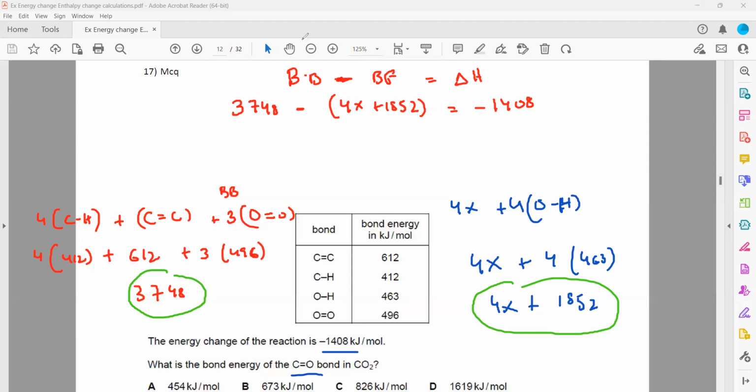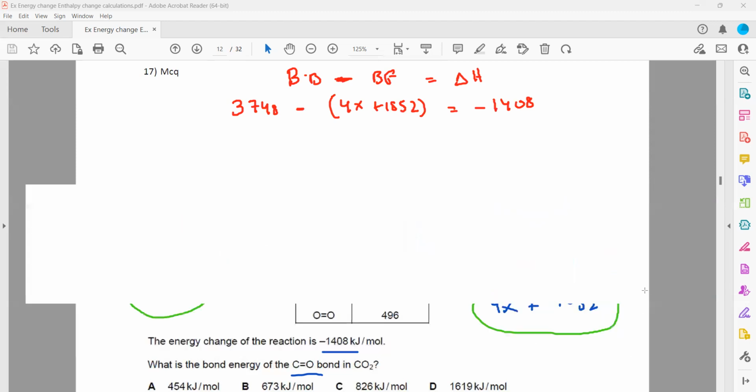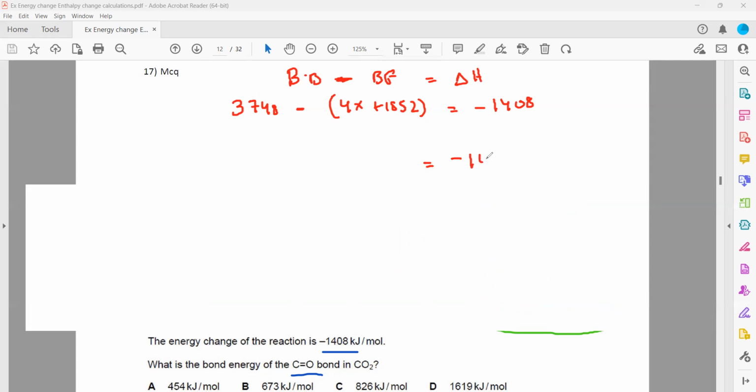Now we just have to solve it as a mathematical equation. This positive 3748 moves to the other side, so it becomes negative: minus 1408 minus 3748.